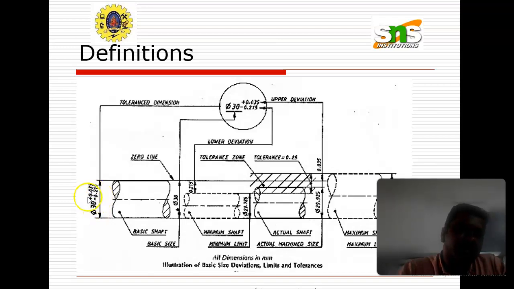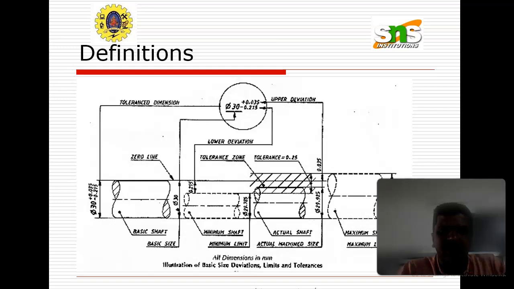The plus and minus values are represented in the tolerance dimension, for example a diameter of 30, plus or minus 0.035 and minus 0.215. These are the tolerance and limit values denoted on any type of manufacturing element used in a manufacturing or production plant.